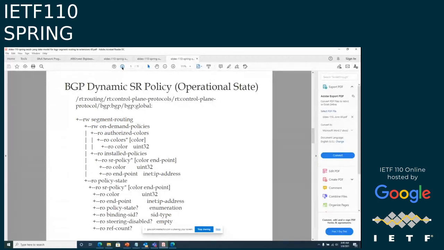When that policy gets created, the policy would have a state where the policy is associated with an IP address, that is the endpoint, the policy state, and the binding SID associated with that policy, and whether the steering is enabled or disabled, and any ref counts associated with the policy. We can move to the next slide.